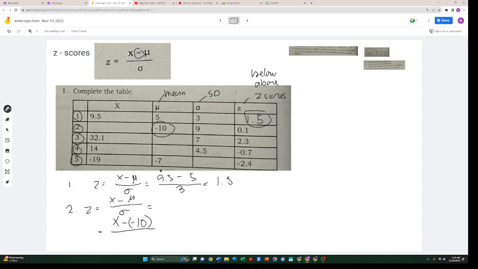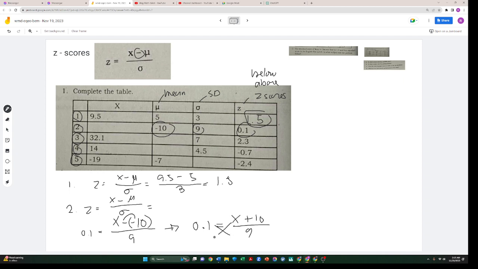And then ang standard deviation which is 9. Then ang z-scores is 0.1. So gigingon ako cross multiply, right? So but before that, tarungon sa jud nato ni. Okay? So padayon ta. 0.1 is equal to x negative times negative, which is positive 10 na siya, then 9.